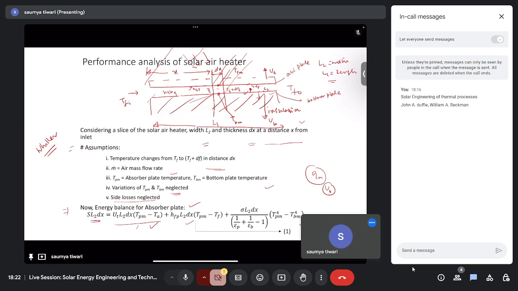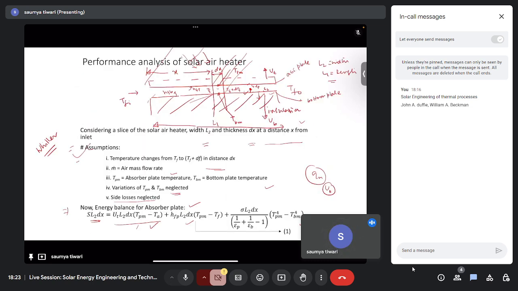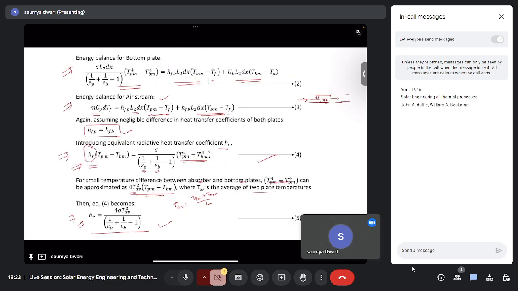What I will do is highlight the important points. There are some important assumptions that you need to remember, and also some important formulas. So this formula, right? How to calculate this h_r, the heat transfer coefficient for the radiation? So this formula is important.